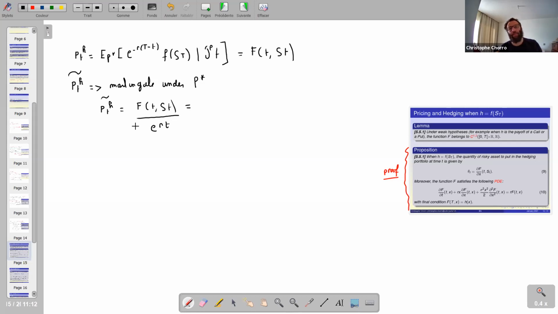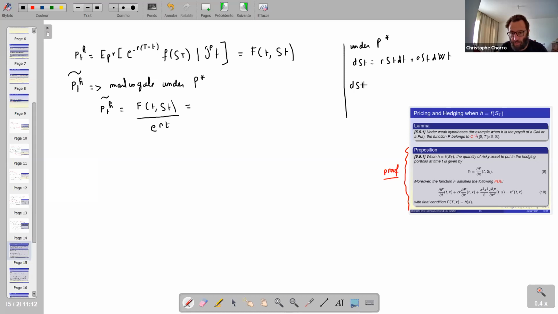And in fact, we are going to write this expression not as a function of S_T, but as a function of S_T tilde. Why do I do this? Because under P star, I know that dS_T is equal to R S_T dt plus sigma S_T dW_t.